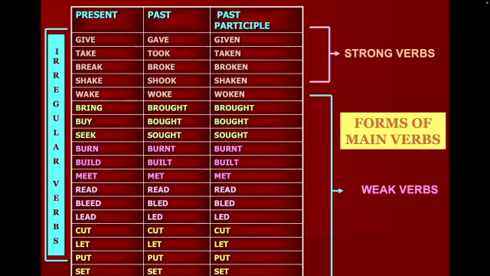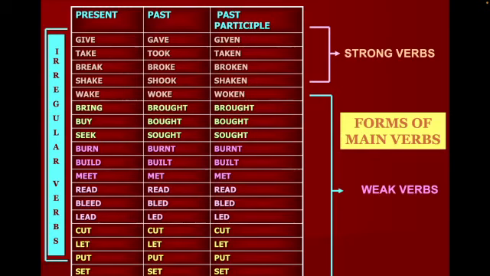So when we look at our forms at the top of our outline, we have some strong verbs as examples. And the reason why we're looking at them as strong verbs is you can see in the present, the past, and the past participle, they're not changing as much as the other ones are below. So when we have the present to past, for example, of the word give, you're just changing the vowel from give to gave.